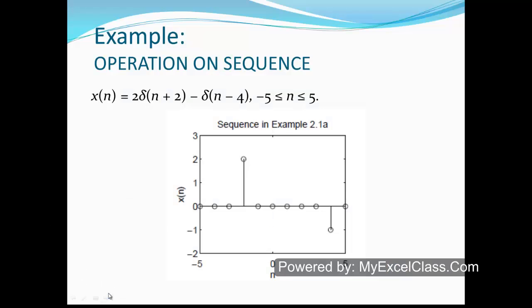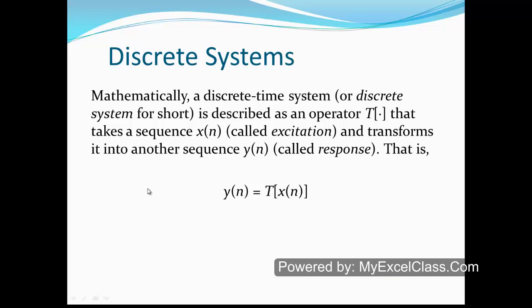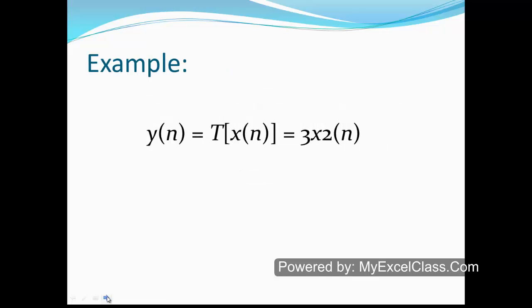Okay, so this was about impulse sequence. Now we'll talk about discrete systems. In DSP, we will say that a system processes an input signal into an output signal. Discrete systems are broadly classified into linear and non-linear systems. In the next slide, I will explain to you what a linear system is, and then we'll do an example of linear systems.